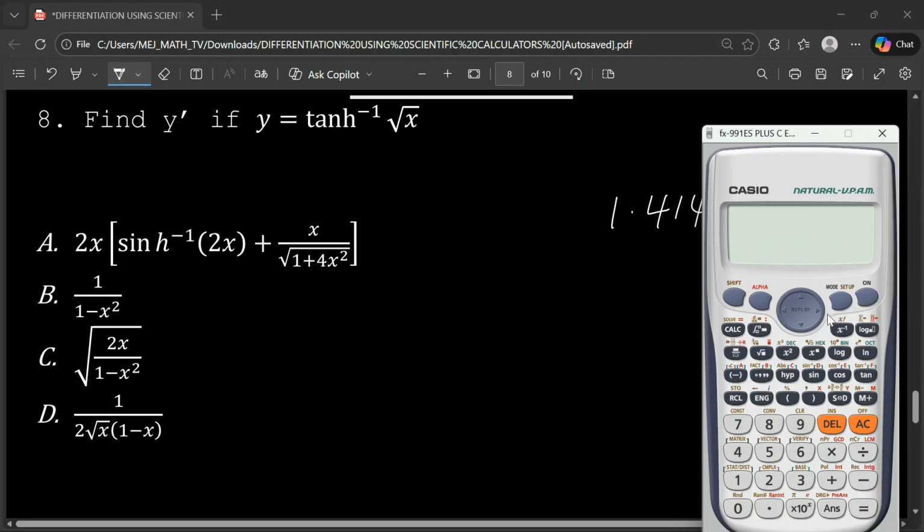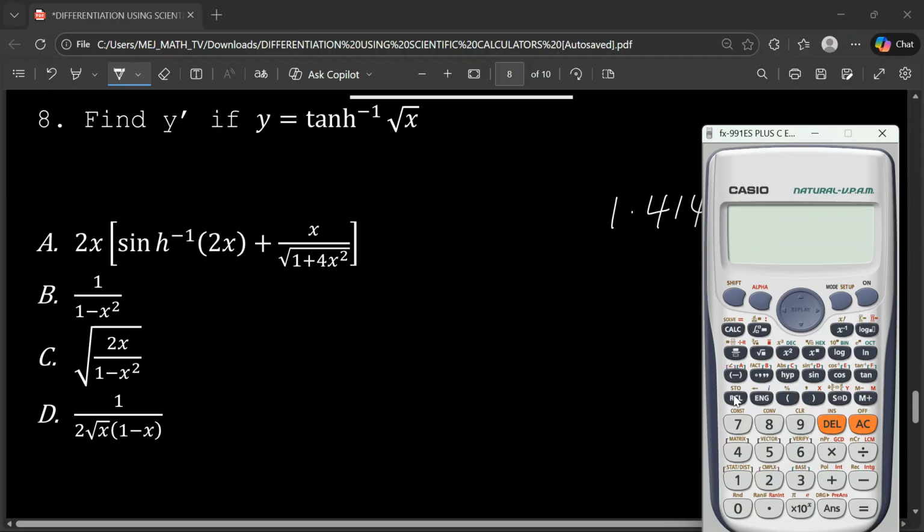So we test the second option, option B. We are having 1 over 1 minus alpha x squared, which is 1.333, and that is not the correct answer. We are going to check square root of 2 times alpha x on 1 minus alpha x squared, which is 1.154, which is not the correct answer.